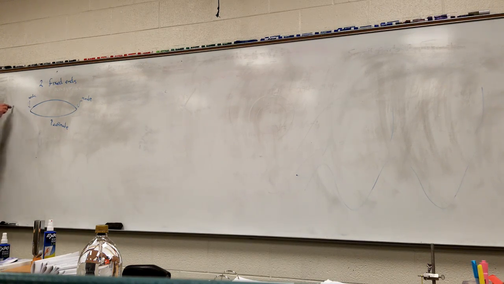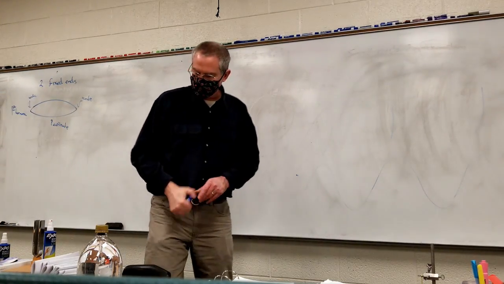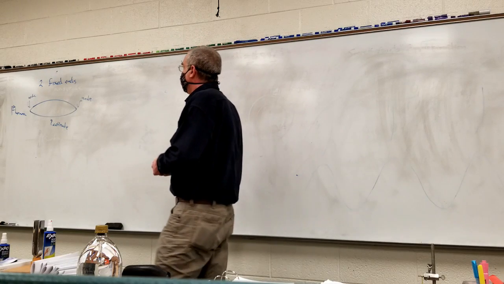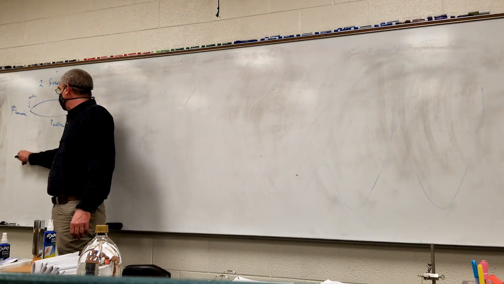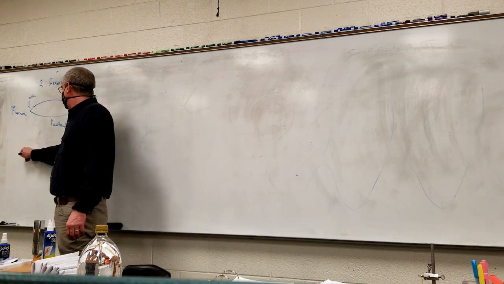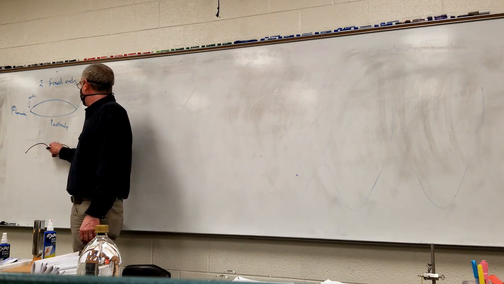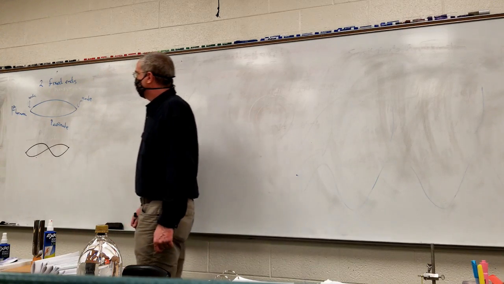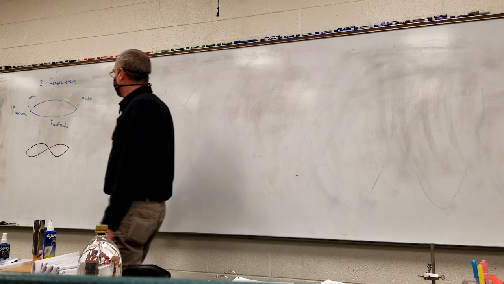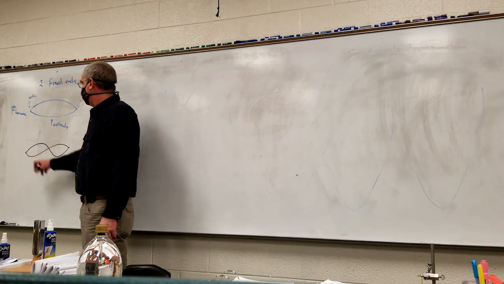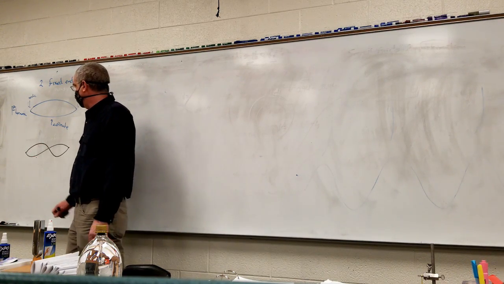This is the first harmonic. The second simplest pattern I could do, again, two fixed ends, so I know these are nodes here. That's the second harmonic, which is the easiest one to produce out in the hallway. 3 nodes, 2 antinodes. The next one.